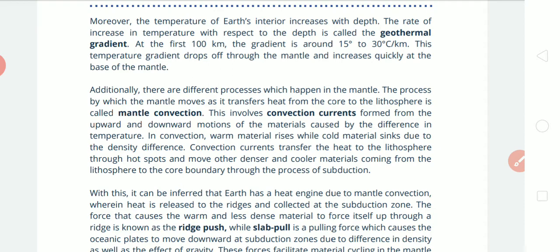There is a movement of hot and colder materials, and aside from that, when these dense and cool materials also come to the lithosphere, katong mga bugnaw nga mga materials, mag-subduct siya.